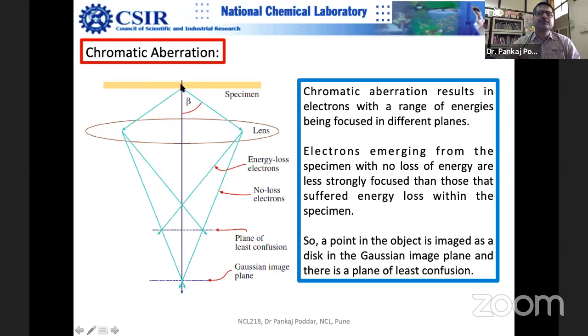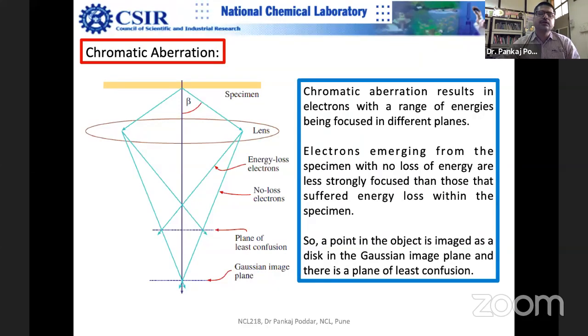Let's start from the specimen. This is the specimen, and this is the collection angle by the lower objective lens. As I mentioned, when the electron beam enters the specimen, it can undergo a lot of energy loss processes.